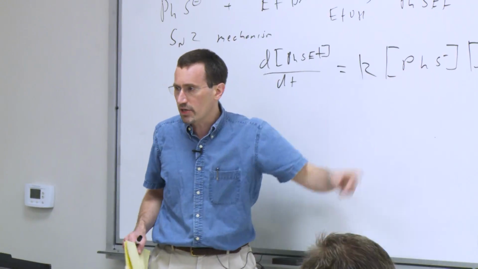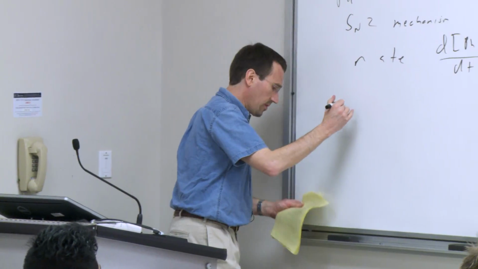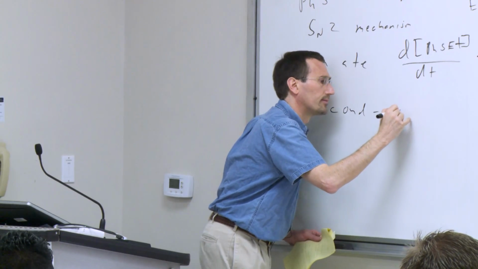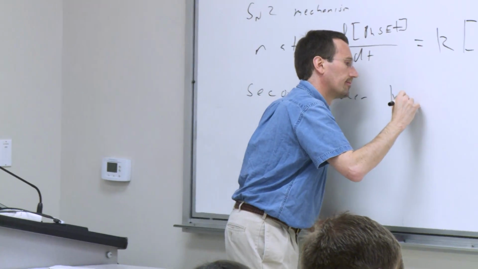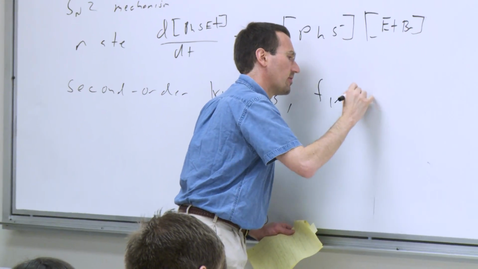But in an SN2 reaction, in bimolecular kinetics, if I double the concentration of nucleophile, I will also double the rate of reaction. So this is what we would call second-order kinetics. First order in each component.